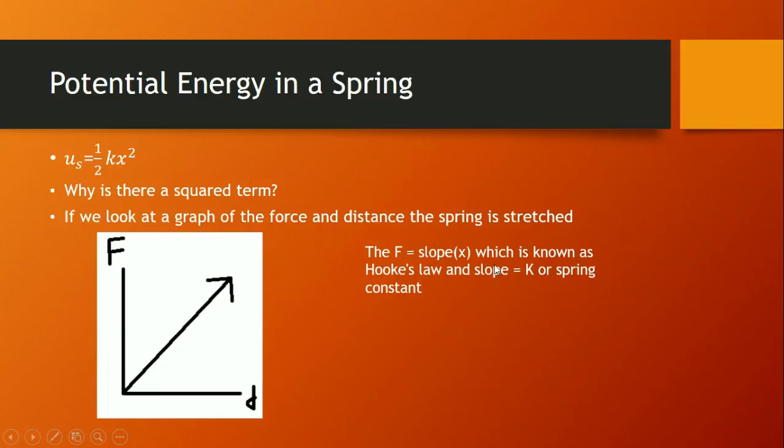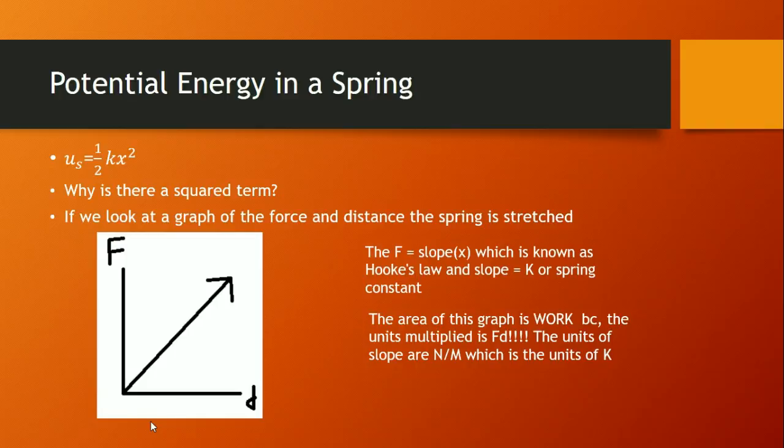This law is known as Hooke's law. The force of a spring is the spring constant, which is the slope, times the distance that the spring is stretched. Hooke's law says that for every meter or distance you pull the spring, the force is proportional to how far you pull it.